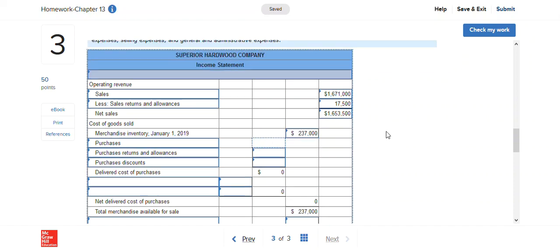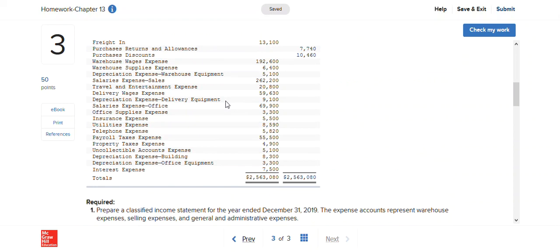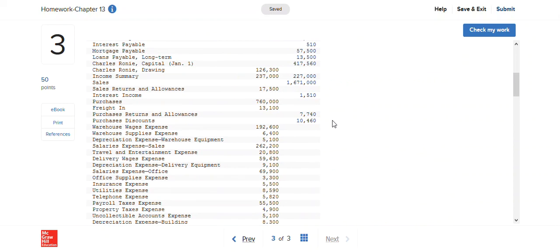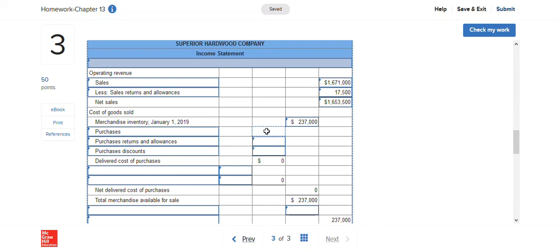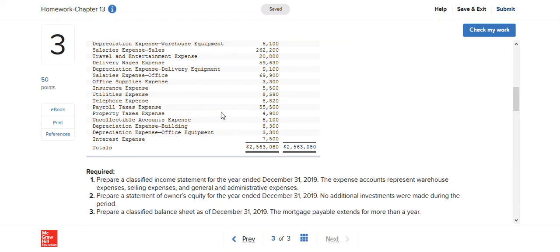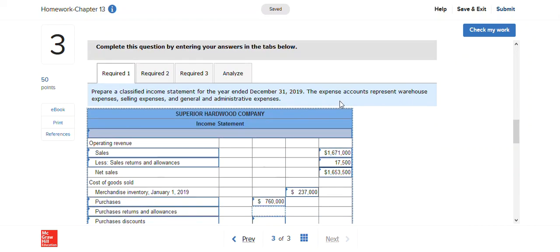And the rest of it you can just pull off of this information. So we've got purchases of $760,000, purchase returns and allowances of $77.40, and purchase discounts of $10,460.